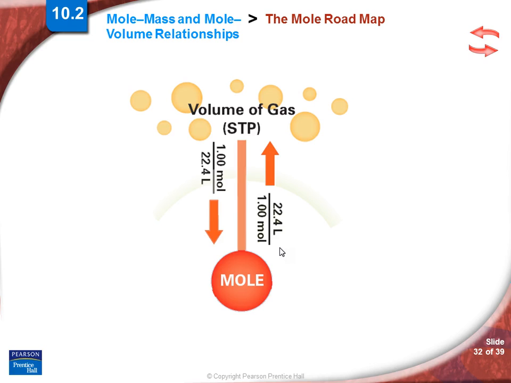Moles cancel, and I get 67.2. Now, if I had 67.2 liters and I want to get my moles, I divide by 22.4 liters per 1 mole, which happens to be 3 moles. Look at that.